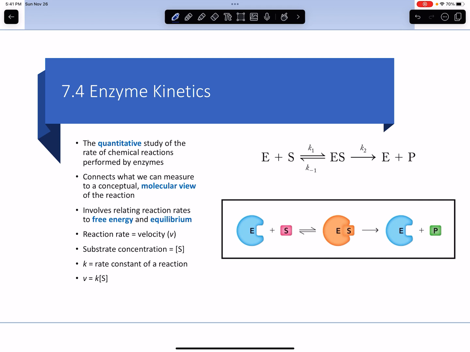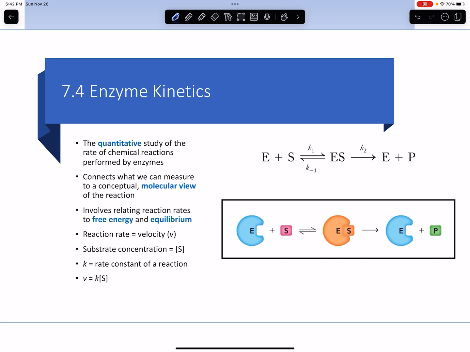Not all enzymes follow this particular conceptual model because they maybe have different numbers of moving parts or cooperativity of some sort. But the general principles of Michaelis-Menten kinetics apply to many, many enzymes, and they can give us an understanding for how we can figure out the reaction mechanisms, the catalytic mechanisms that we talk about in other lectures in this class, from things we can measure in the lab.